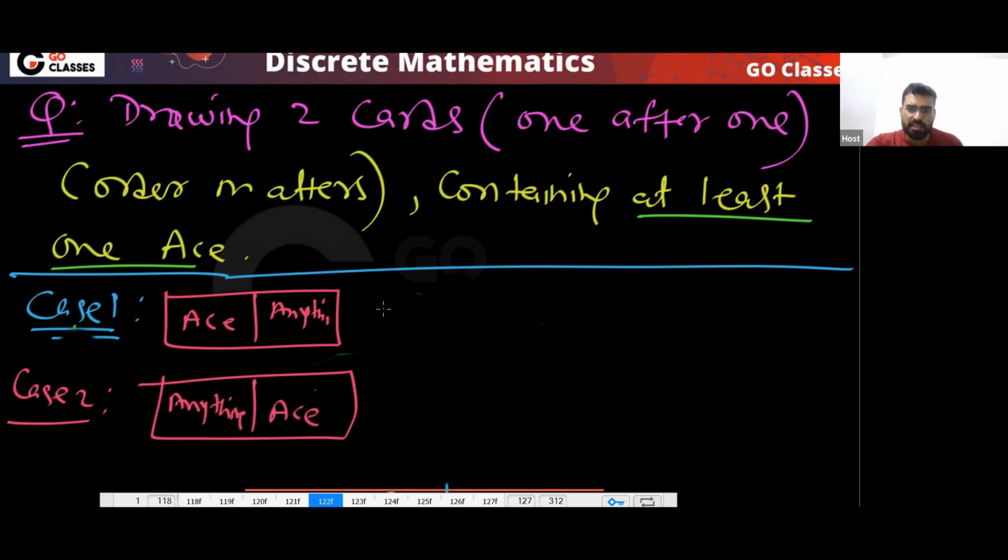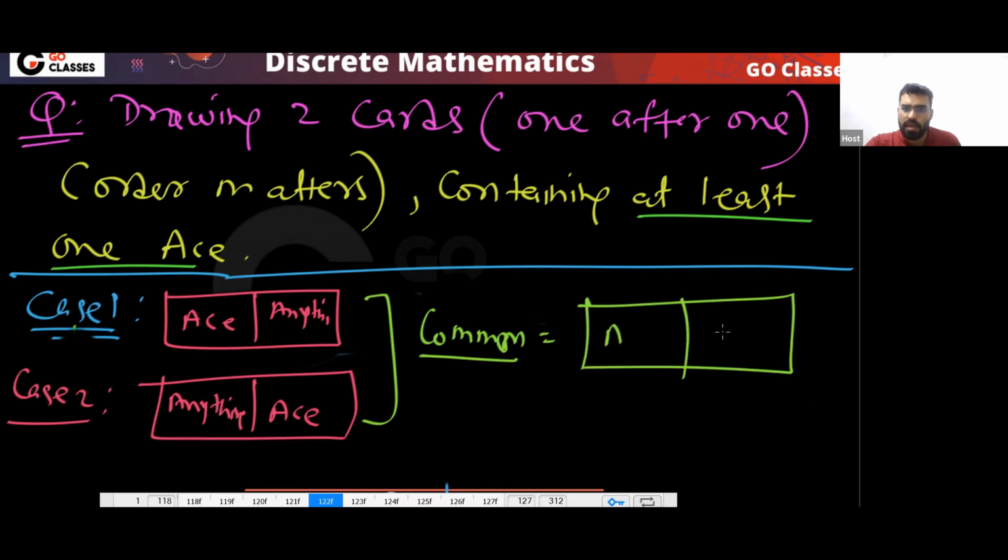If you create these two cases, then there is something common. What is common? Ace, ace. This is common.